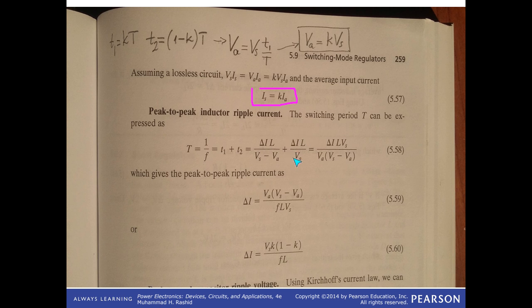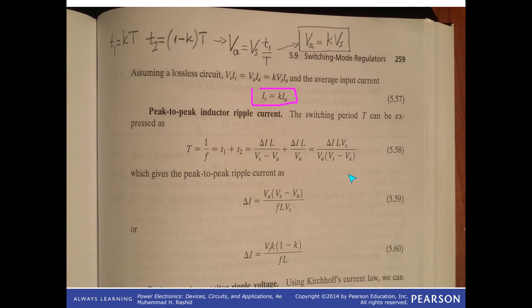Therefore, T is equal to delta I times L times Vs over Va bracket Vs minus Va. When you solve this one, you end up with this equation. This is the period.